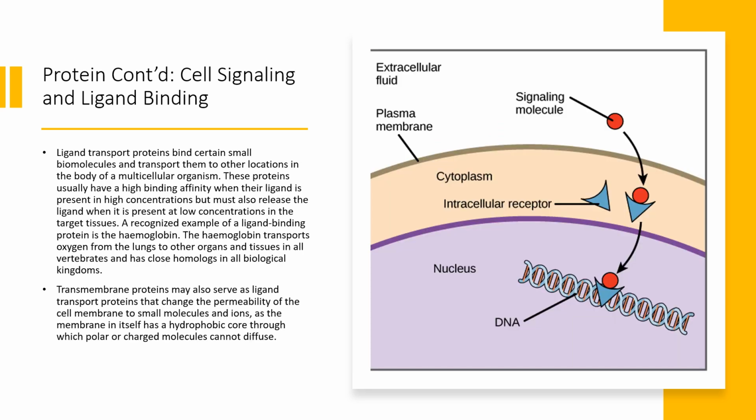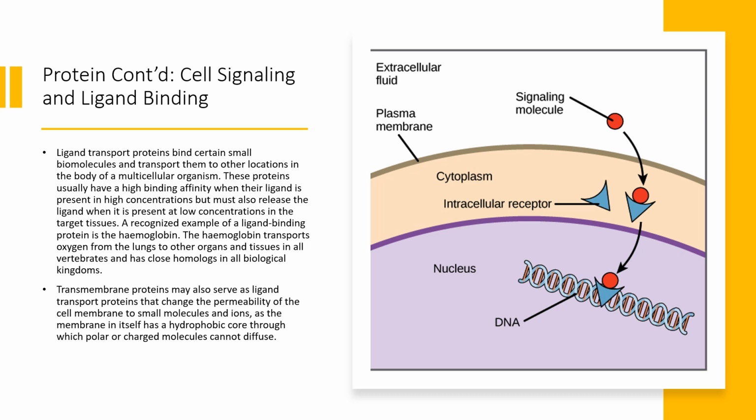Ligand transport proteins bind certain small biomolecules and transport them to other locations in the body of a multicellular organism. These proteins usually have a high binding affinity when their ligand is present in high concentrations, but must also release the ligand when it is present at low concentrations in the target tissues.